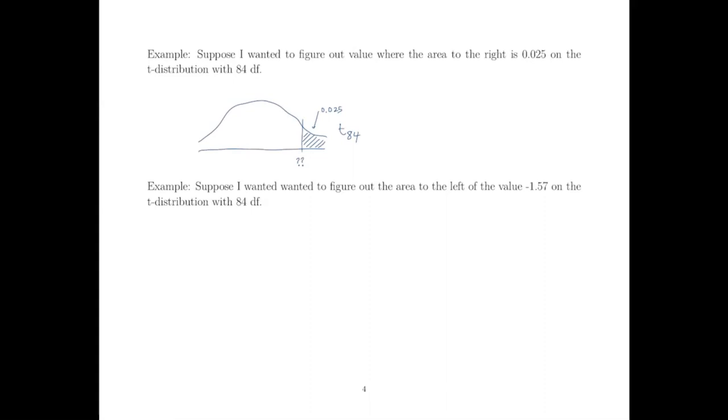In this case, we want to use the QT command in R, because that's the one that gives us the value where we know the probability. We know the area in the right-hand tail, so I'm going to plug that in for P. I need to give it the degrees of freedom, which is given in the problem, 84. And because it's the right-hand tail, I'm going to use the argument lower dot tail is equal to false.